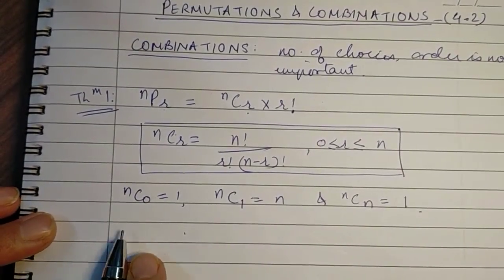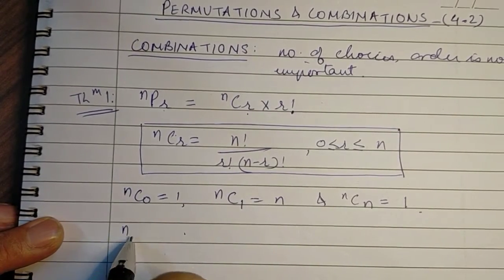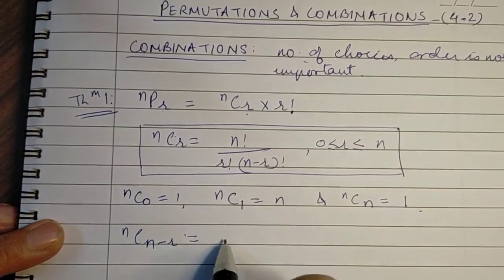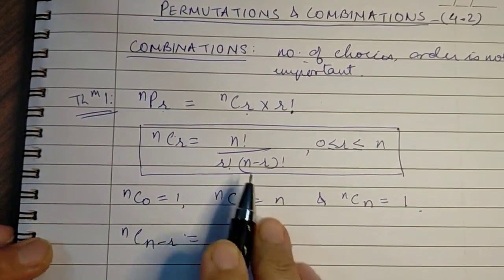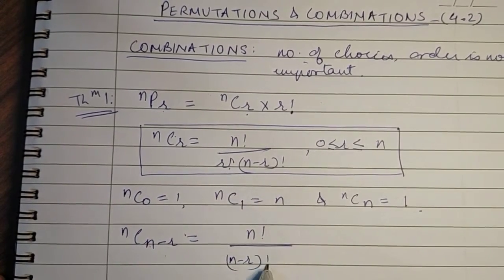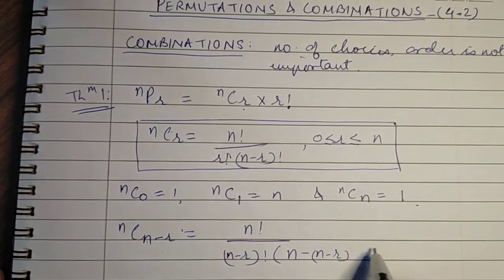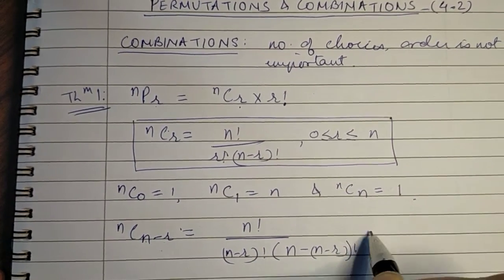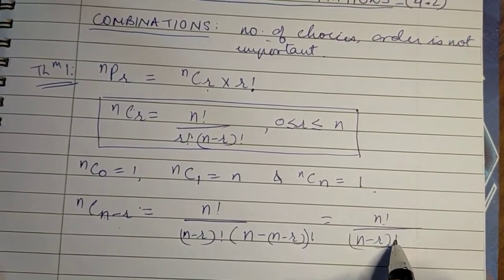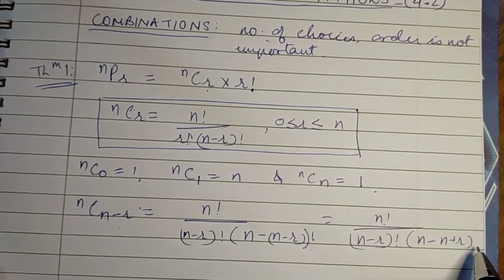Now let's see a very important corollary to this one: let's find the value of nC(n minus r). So substituting, we get n factorial. In place of r, here we have n minus r, so n minus r factorial, which gives us n factorial over n minus r factorial into n minus n plus r factorial.